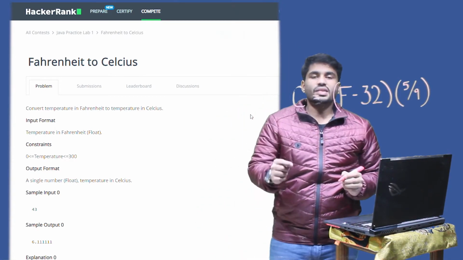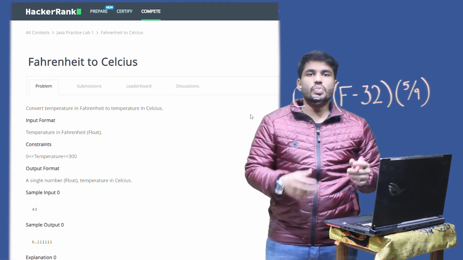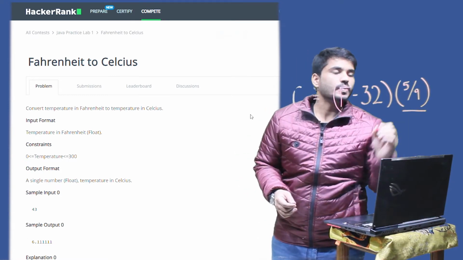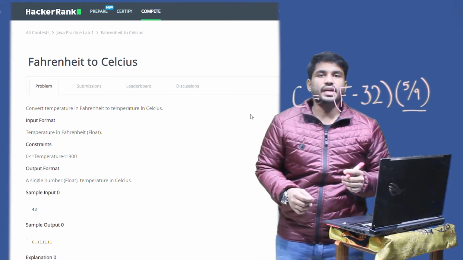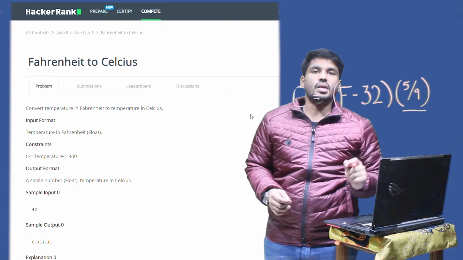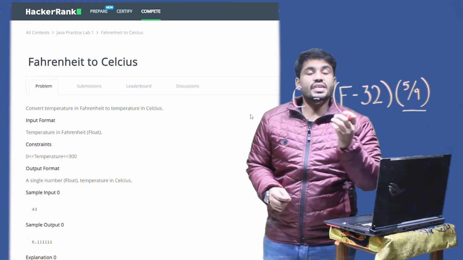So we have to keep one thing in mind. Although this is the formula and this is how we'll do it in our notebooks, for coding we have a problem with this part. When we write 5 by 9, the compiler thinks that it's an integer upon integer, and it divides this and stores the result in an integer.